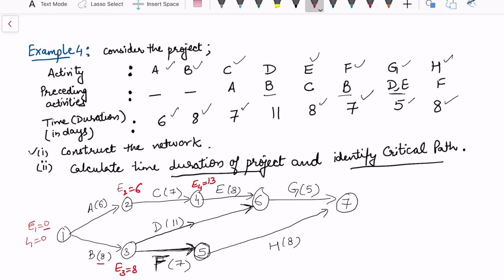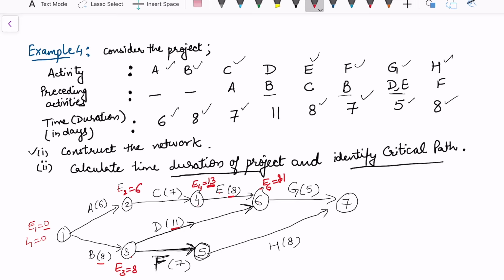To calculate E6, 13 plus 8. So this is 21. Or 8 plus 11, because the 6th node would be completed when activities E and D both are completed. So to calculate E6, I am going to add E's time to the 4th node's time, and D's time to the 3rd node's time. So the maximum is 21 days. So this is 21.